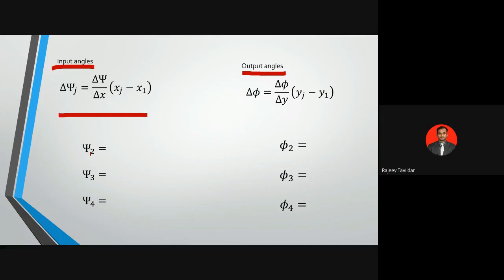It's just like if I ask you to draw a line of 5 centimeters on this slide, I can start from this point, or from this one. So the starting point is not of importance to us. Ultimately we need that precision point, so I can start from anywhere. That's why psi 1 and phi 1 we are not finding out.